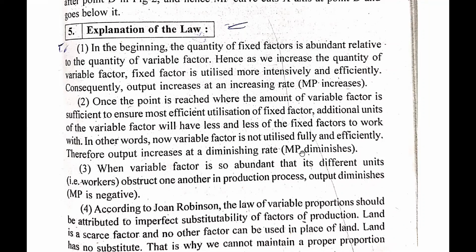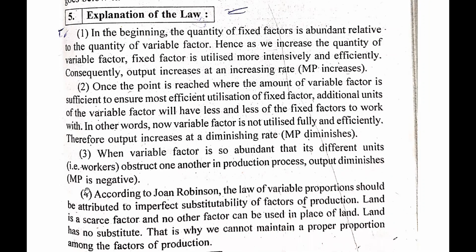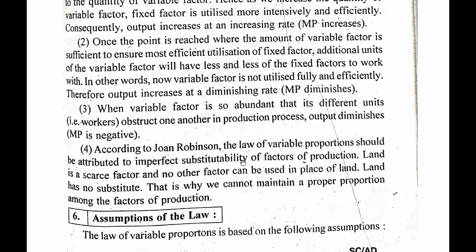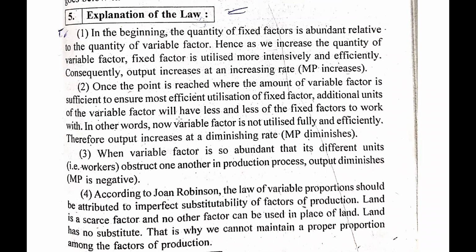That is, marginal production diminishes, or decreases. In the third stage, when the variable factor is so abundant that its different units, that is workers, obstruct one another in the production process, output diminishes, that is, marginal production is negative. And we can see this situation in the above diagram as well as in the graphical diagram also.